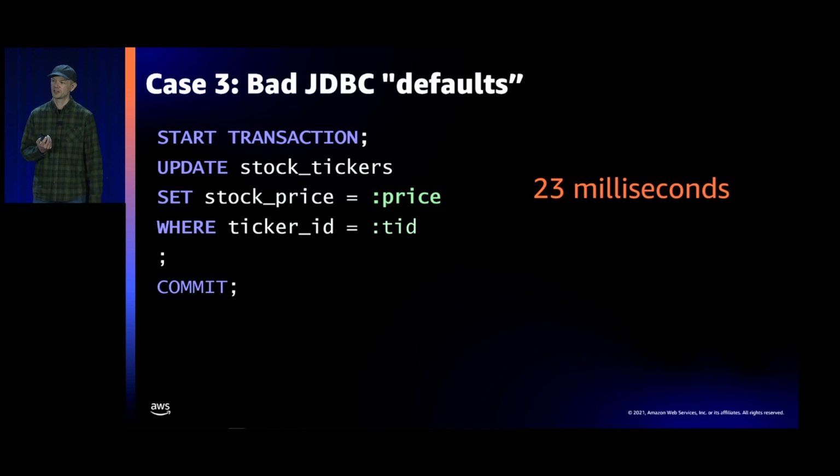And in this case, the setting in question is called auto commit. When the setting is set to true, which is the default, it means that every single write query that runs in the database will have to be followed up by an implicit commit.